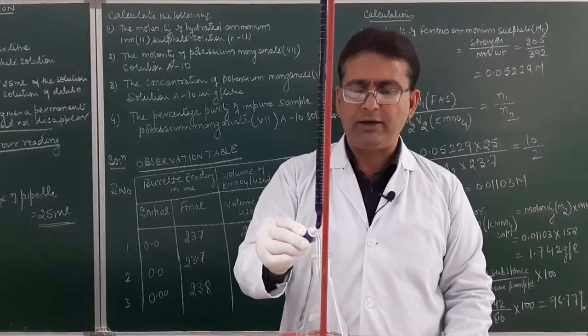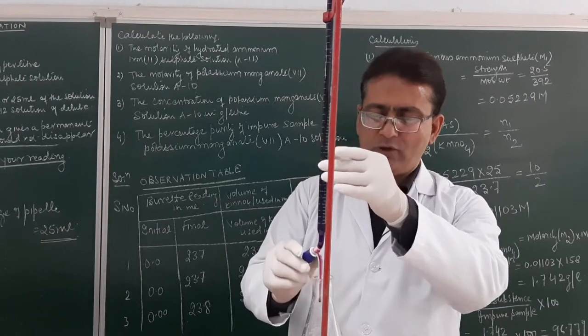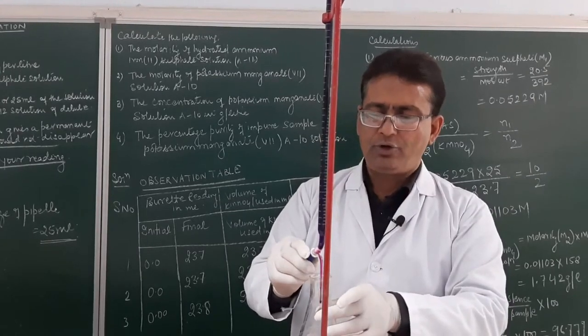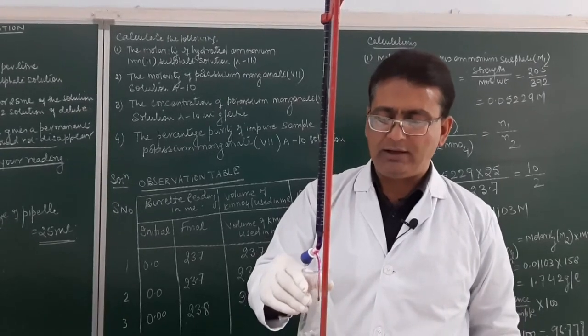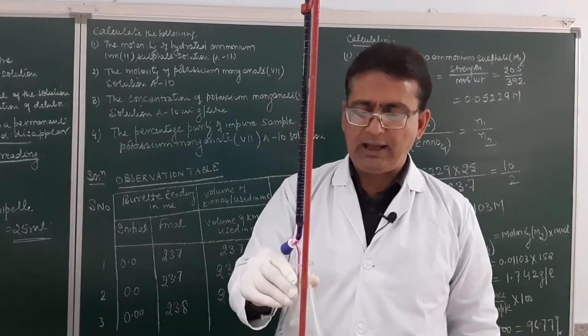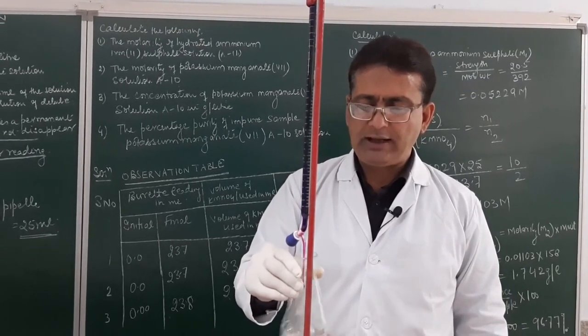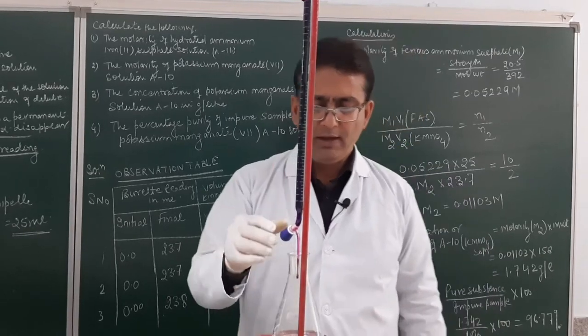It must be shaken continuously till the persistent pink color is obtained. So add in a drop-wise manner to obtain a persistent pink color. You may see over here, I am adding KMnO4 solution into this so that I can obtain the persistent pink color.